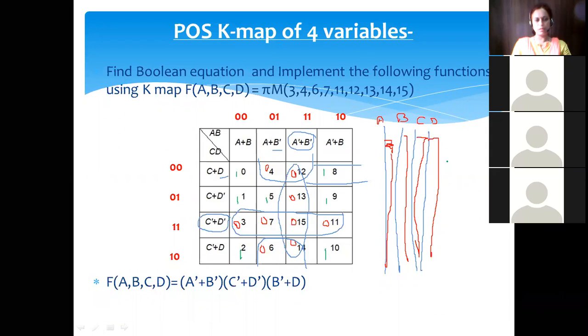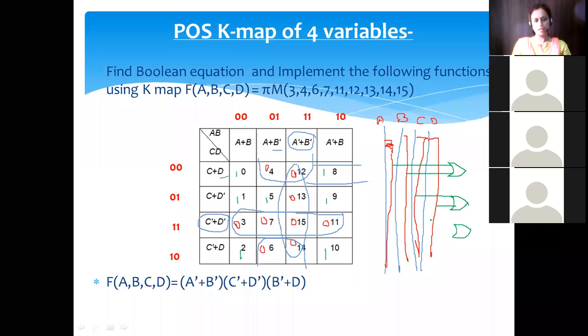Now let us see the equations. We have to take only 3 OR gates because we have only 3 terms. What are the combinations? Connect the first OR gate to A complement and B complement, the next to C complement and D complement, with the connections shown in red lines.